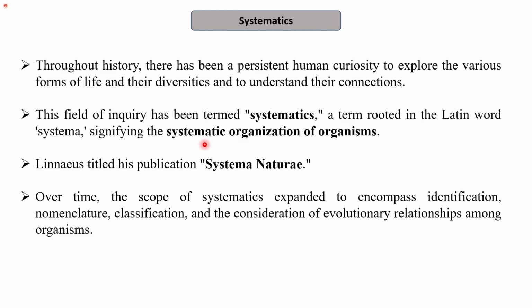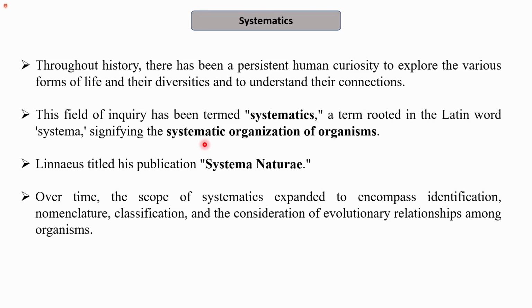Over time, the scope of systematics has been expanded. Earlier it was just the systematic organization. Now it involves identification, nomenclature, classification, and the evolutionary relationship also, that is, how different organisms are evolutionarily related.